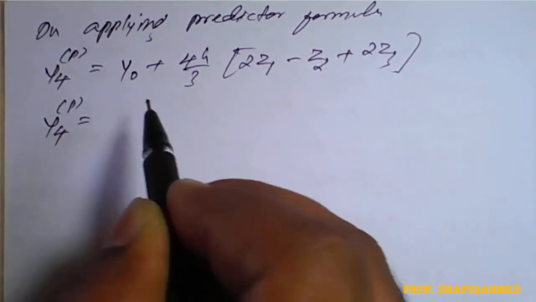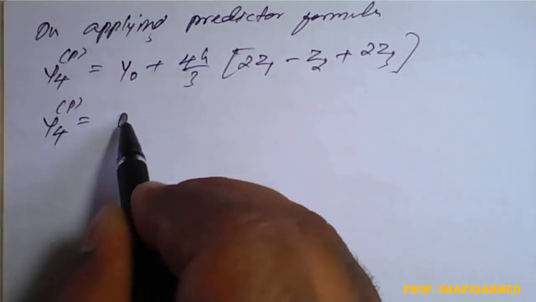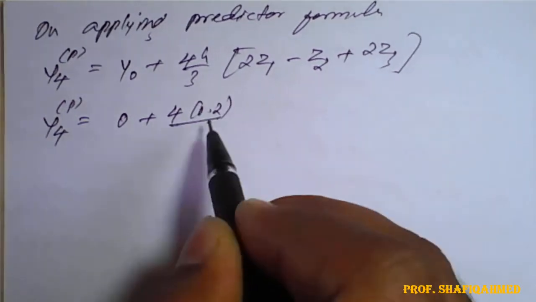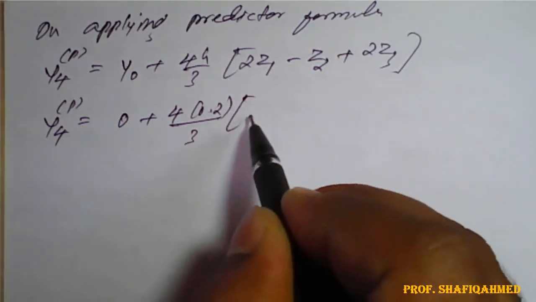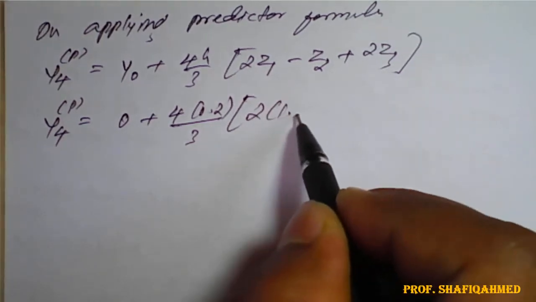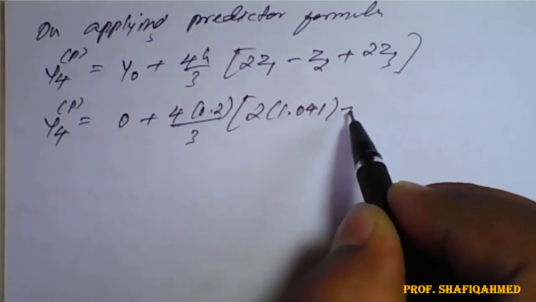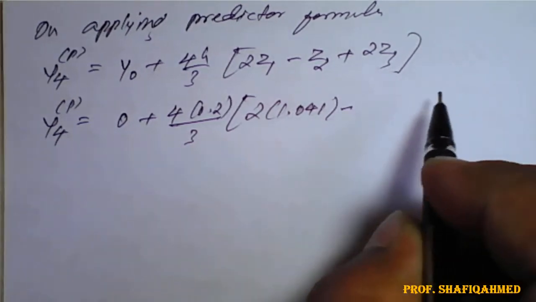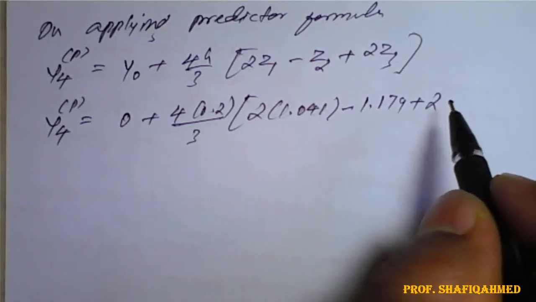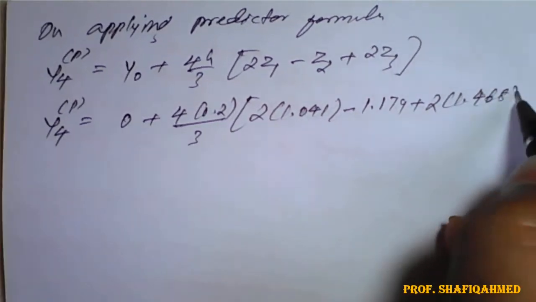So y4 of p, so y naught value from the table it is 0 plus 4, h value if you see it is again 0.2, difference is 0.2 divided by 3 from the formula, 2 times z1 value from the table it is 1.041, next minus z2 value from the table it is 1.179 plus 2 times z3 value from the table it is 1.468.